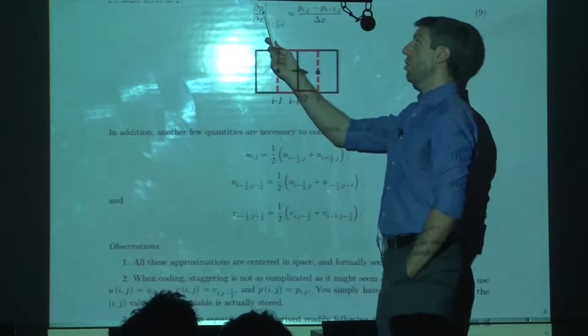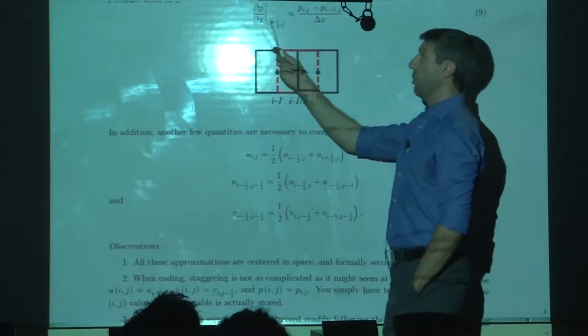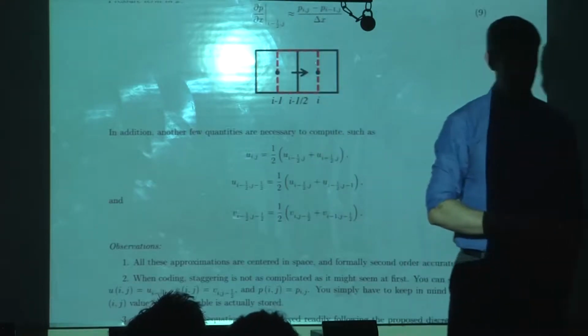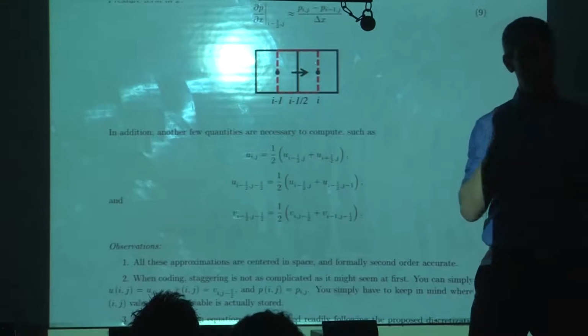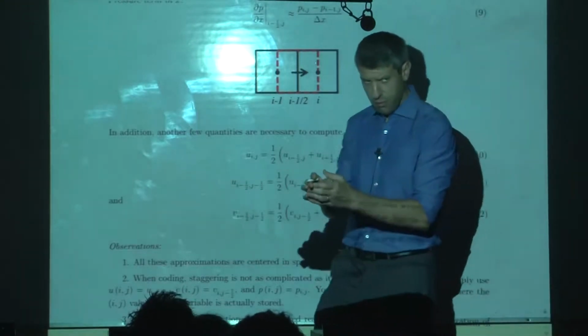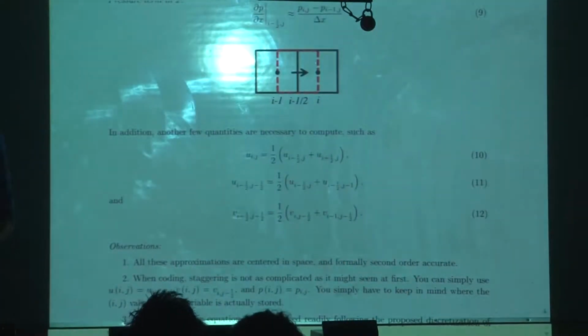So the pressure lives at ij, i-1,j, but the pressure gradient lives at i-1/2,j. Okay? So we take the difference between the two values, and that takes us to the face. Other questions?